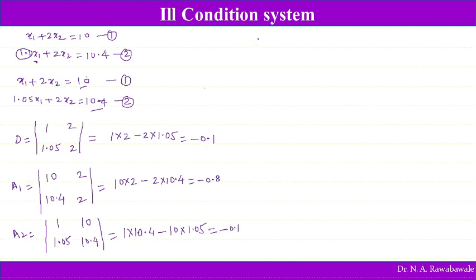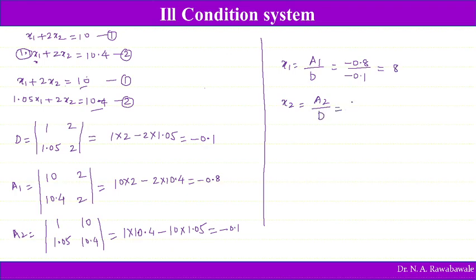Now if we try to find out values of x1 and x2, so x1 is equal to a1 divided by d. So a1 value is minus 0.8 and d value is minus 0.1. So answer will be 8. And if we want to find out x2, so a2 divided by d, a2 value is minus 0.1 and d value is minus 0.1.